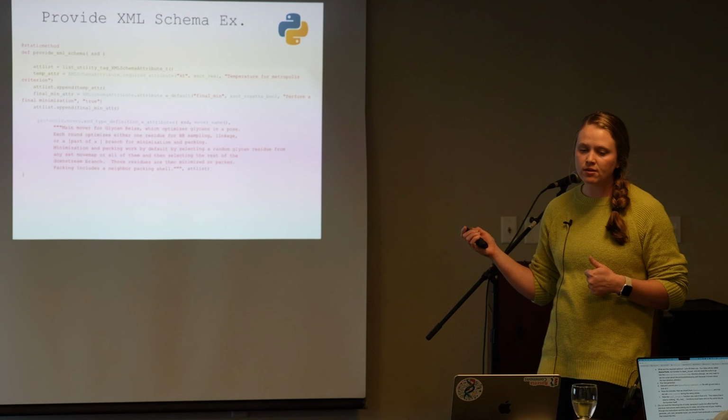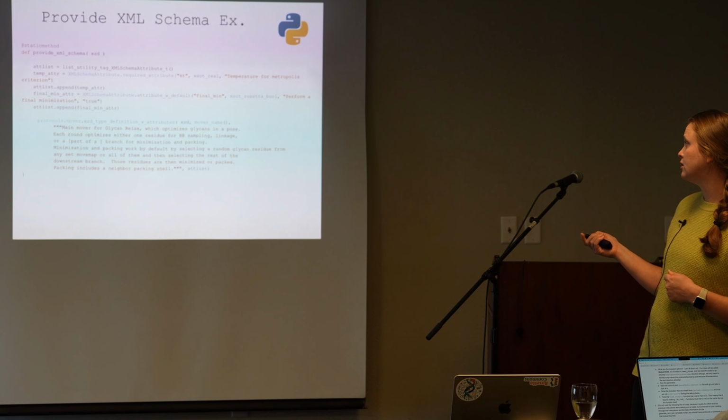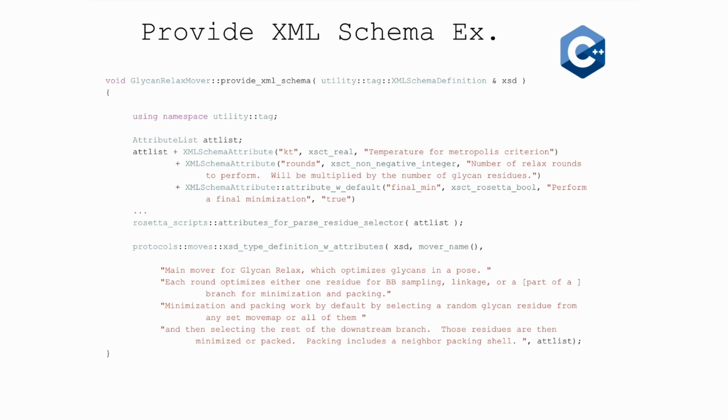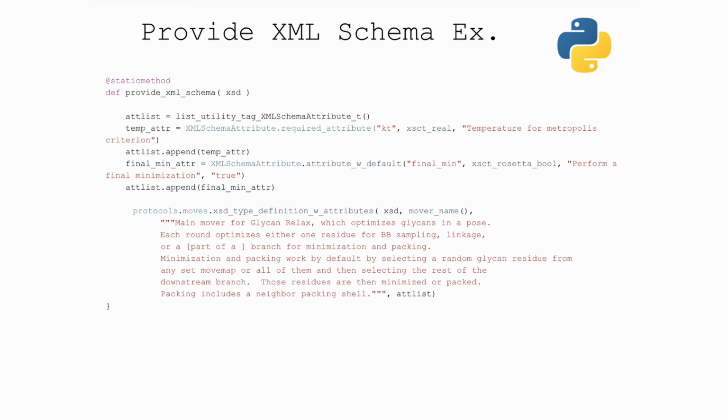So for Python, this is going to look very similar. There is a main difference where here you have an attribute list type, which is your AttributeList in this case. It looks slightly different in PyRosetta.